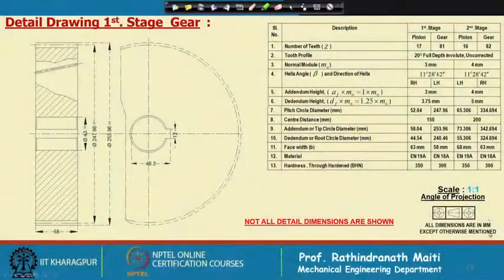Okay. Similarly, we can develop the detailed drawing of the gears. Here I have not shown many dimensions, because the only important dimensions are the inside diameter, outside diameter and thickness. Then the corner finish, the chamfer, everything can be followed from the general rule.